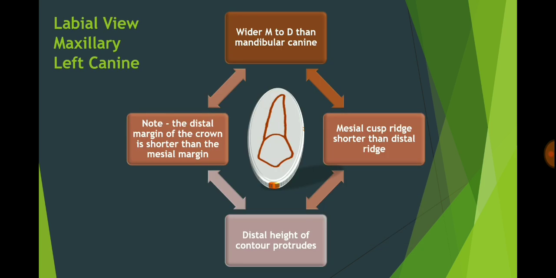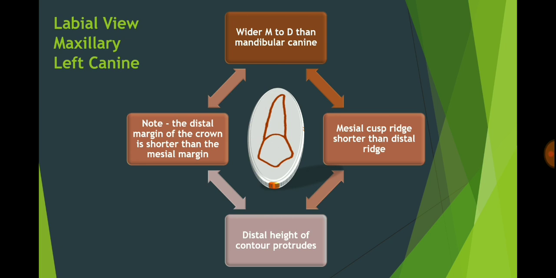Now, maxillary canine labial view. You can see that it is wider mesial to distal than the mandibular canine. What is the difference between mandibular and maxillary canine? Maxillary canines are wider mesial to distal.